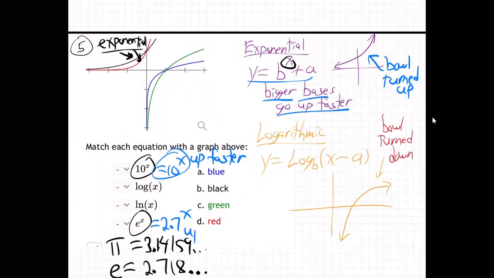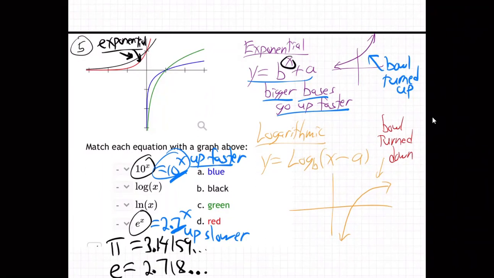The e to the x is going to go up slower. They'll both go up. They're both a bowl turned up. They're both exponential, explosive growth. They're both going up, up, up and away like Superman. But one of them's faster. 10 to the x is faster. It's going up faster than 2.7 because e is just 2.7. It's like pi. It's just a little smaller than pi.